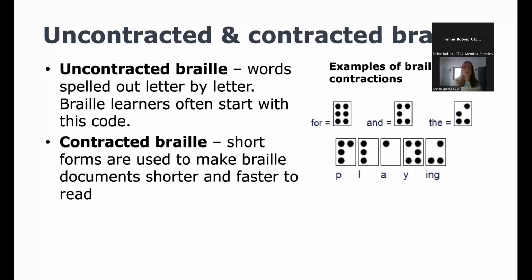So it really helps when you can contract and make it more compact, so it's a bit more manageable. Of course, now, as you will see with technology, it's a little less important in terms of compactness, but for reading speed, it for sure makes a difference. I'm currently using contracted English Braille.